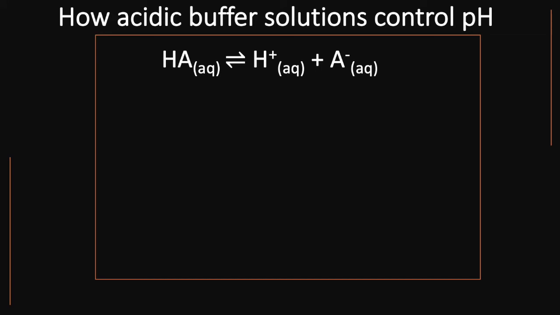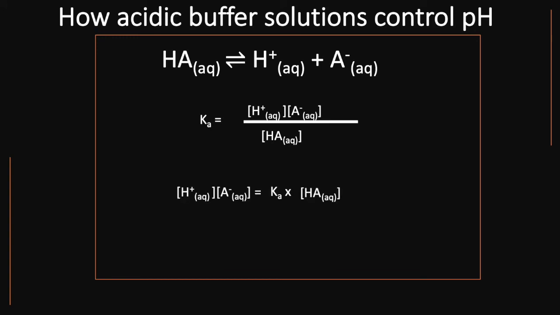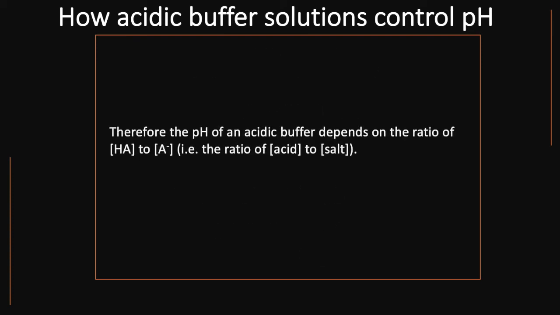This is a general weak acid, HA, and we can write Ka for that equilibrium, and we can rearrange that equation to give us the concentration of H+. So the pH of the acidic buffer purely depends on the ratio of HA to A-, because Ka, of course, is a fixed value at a certain temperature.